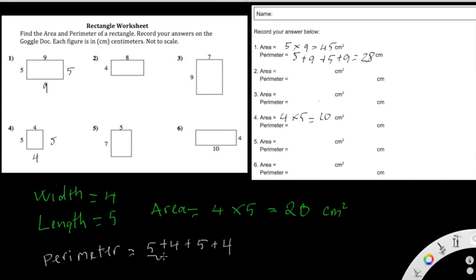Okay, so we know that 5 plus 4 equals 9, and 5 plus 4 also equals 9, and 9 plus 9 equals 18 centimeters. So I'm going to record my answer over here: 5 plus 4 plus 5 plus 4 equals 18 centimeters. Okay, that's how you do it.